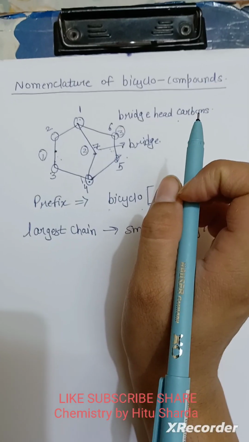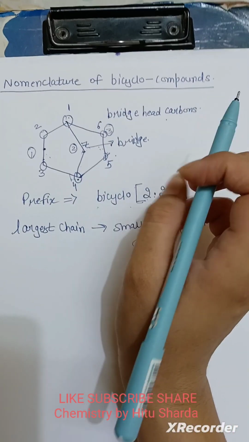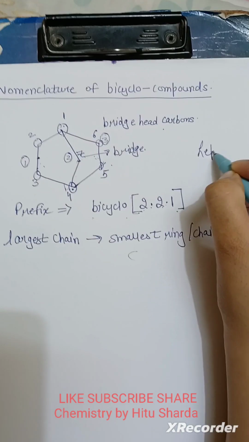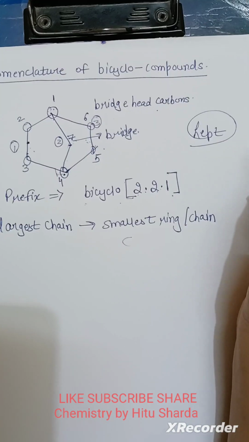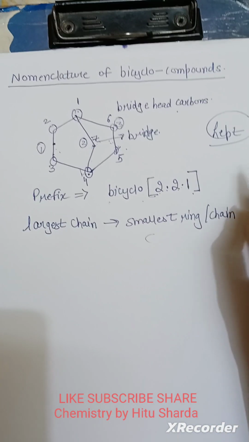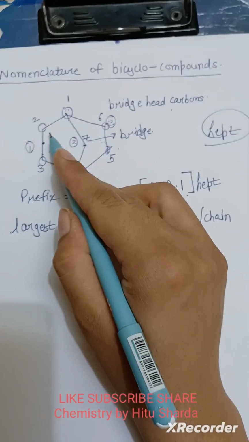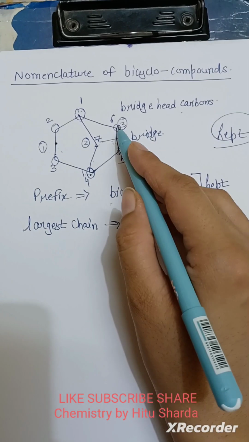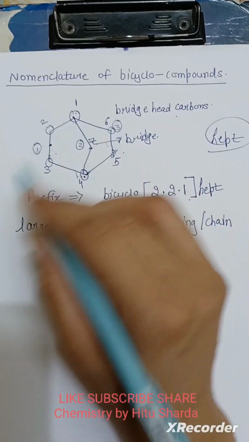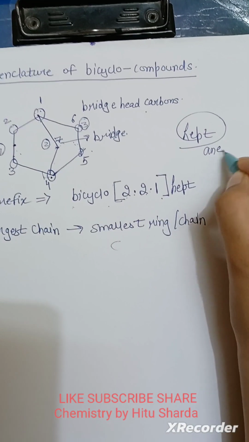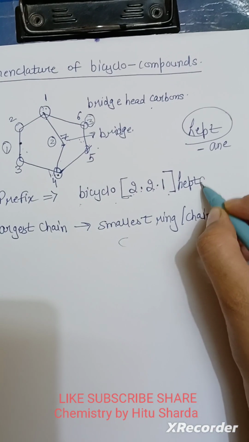And what is the root word for 7? That is hept. So now you have to write here hept. As you see, there are all single bonds here. So what is the ending for single bonds? That is ane, right? So here it will be heptane.